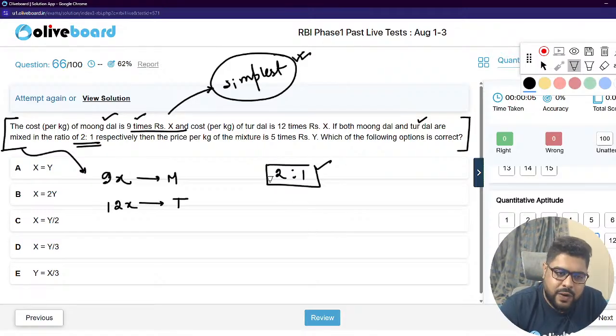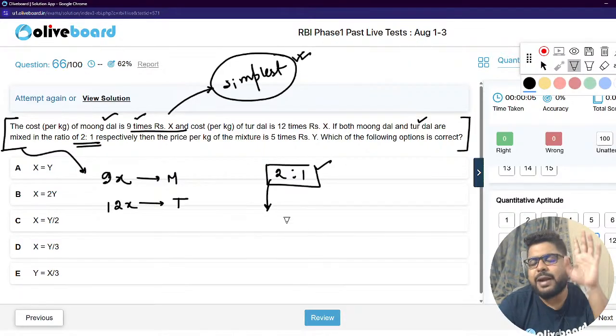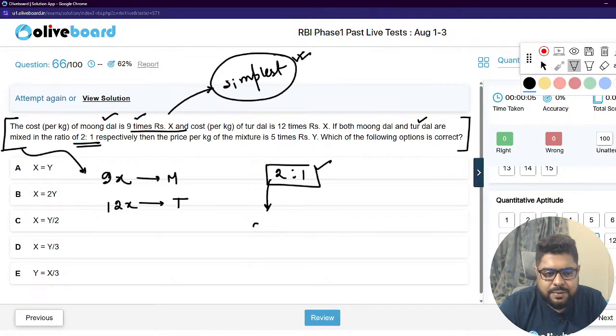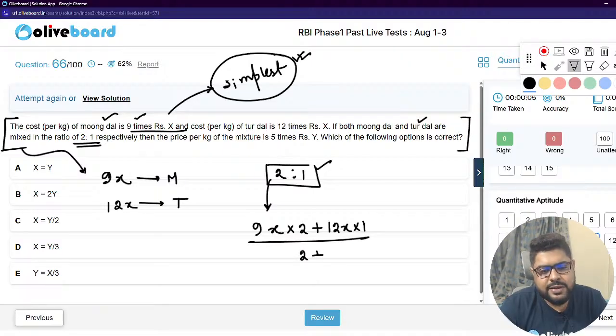Now what will be the price of the mixture? Take the weighted average: 9x into 2 plus 12x into 1, by 2 plus 1. So 18 plus 12, that is 30x by 3, that is 10x.